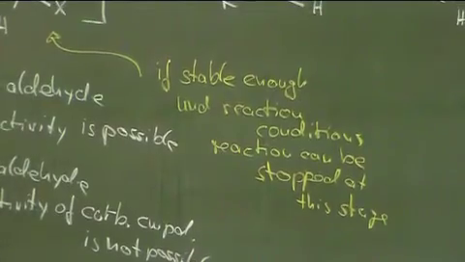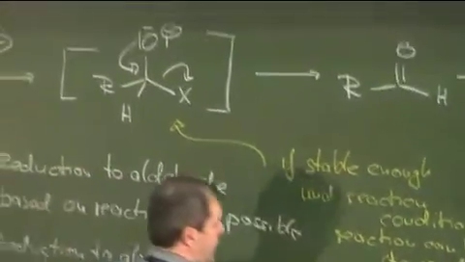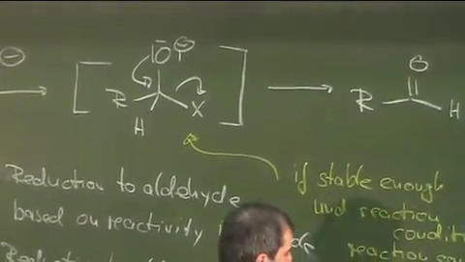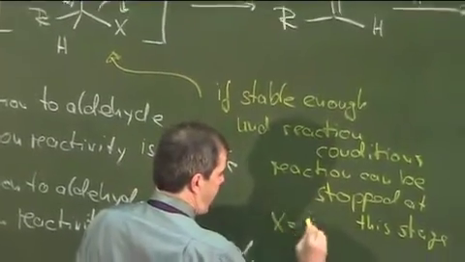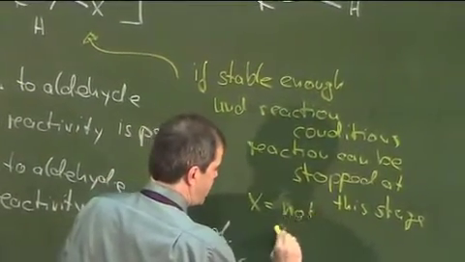And in order to effect this, what do we need? It's usually possible if X is not a good leaving group.